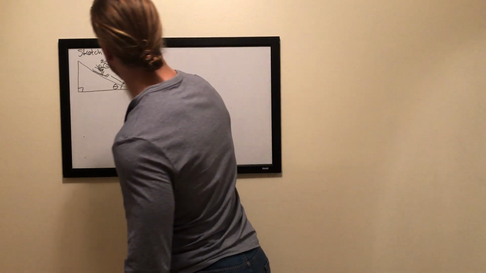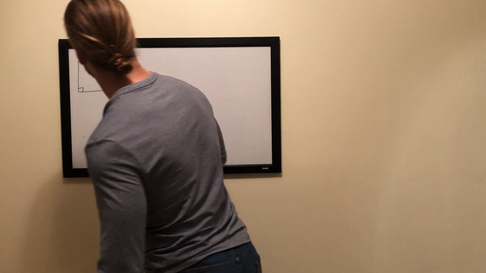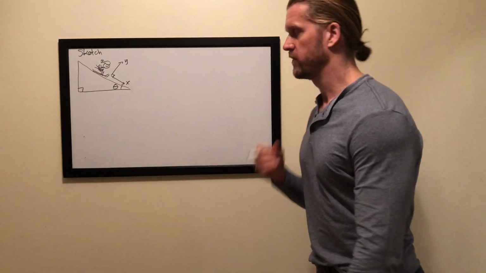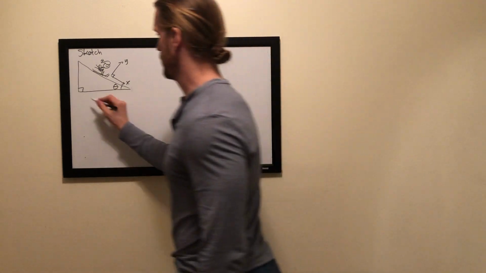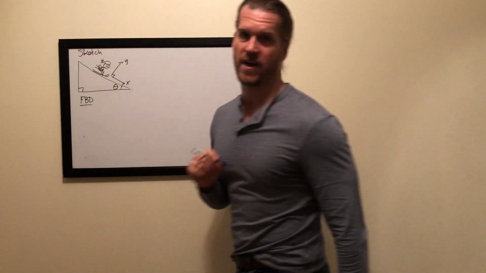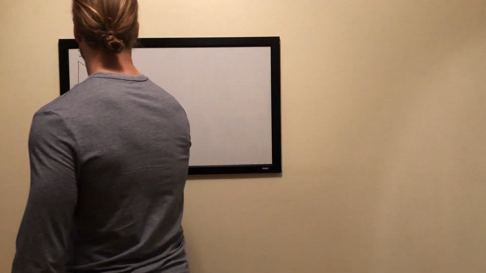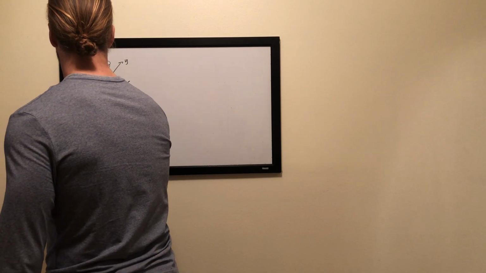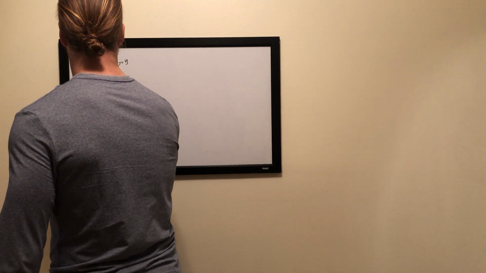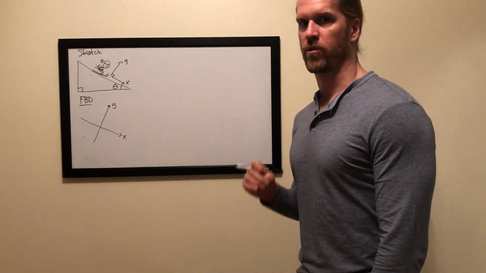That means the y-axis, which is always perpendicular to x, will be perpendicular to that hill. So in our free body diagram, our coordinate system is now tilted. It's no longer horizontal and vertical.